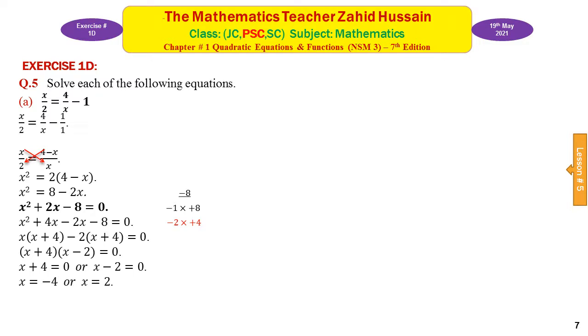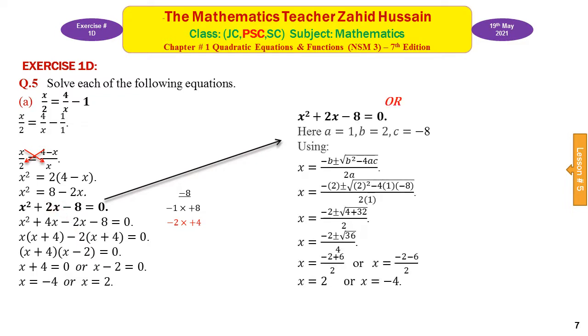So we get x is equal to minus 4 or x is equal to 2, which are the two solutions of this equation. This equation can also be solved by the quadratic formula, but it's better to solve by factorization if possible. It can be solved by the quadratic formula by taking the values of a, b and c and putting them in the formula and simplifying, and you will get the same answer.